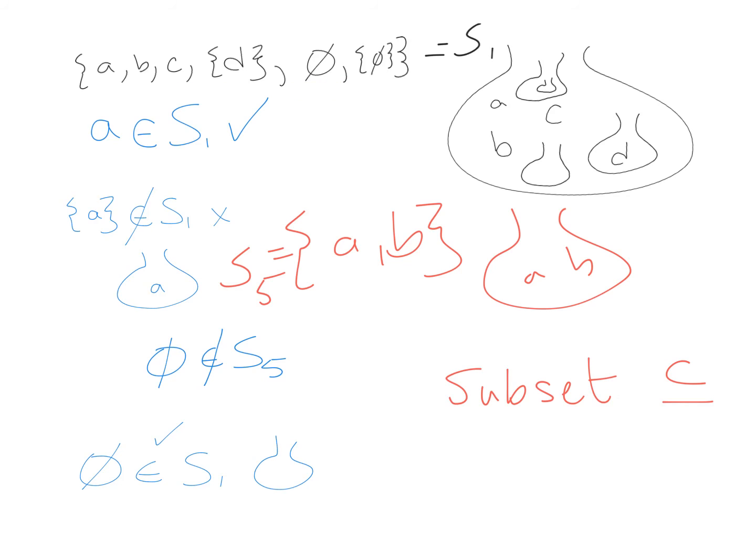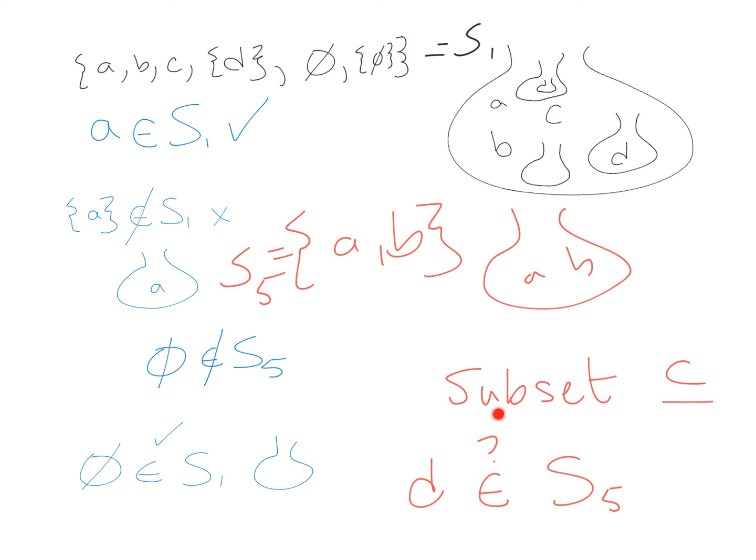When I'm talking about element, then I'm saying, is this thing, which is not necessarily a bag, found in my bag? So if I want to say, is D an element of S5, then what I'm saying is, when I look in the S5 bag, do I see a D? And that's very different from saying, is everything in one set in another?